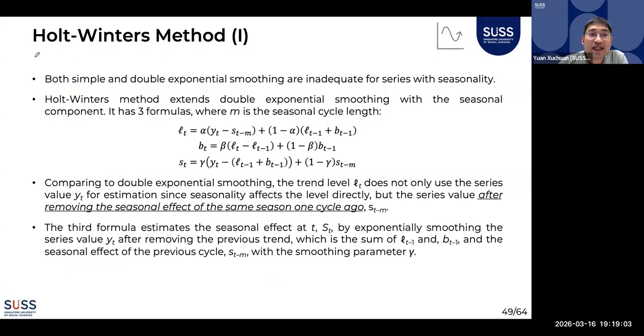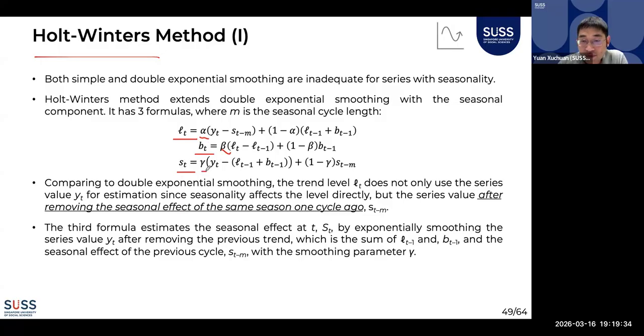Now the Holt-Winters. If your data also has clear seasonality, you can use this Holt-Winters method to smooth the data and do the forecasting, right? So there are three exponential smoothing functions: level, trend, and season, okay? So you have three parameters: alpha, beta, and gamma.